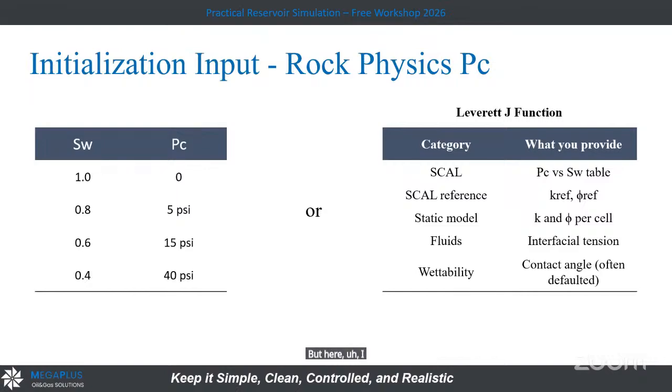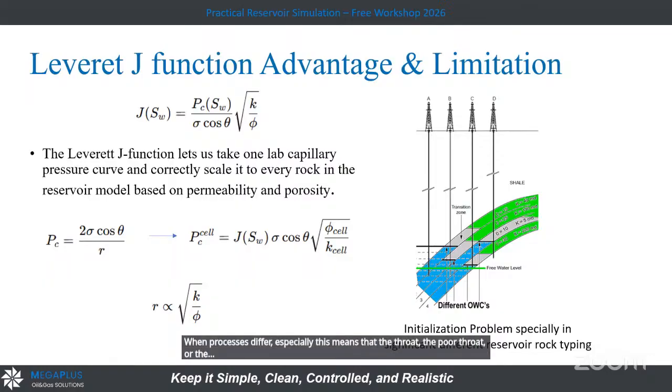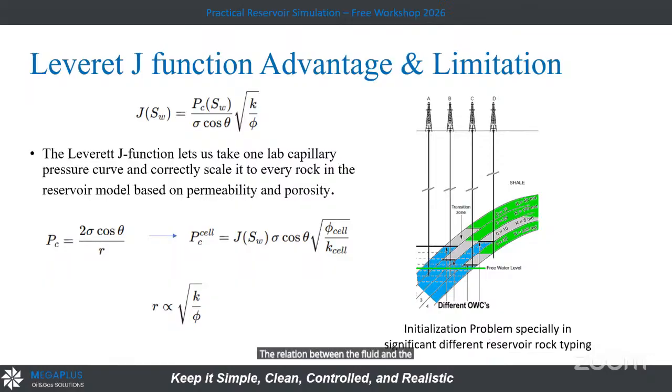But here I have something that in many rock types will be clear. In many rock types, permeability and porosity will differ. When porosity differs, this means that the pore throat, or the relation between the fluid and the grains, in high porosity as an example, will be lower than if I have low porosity and low permeability.